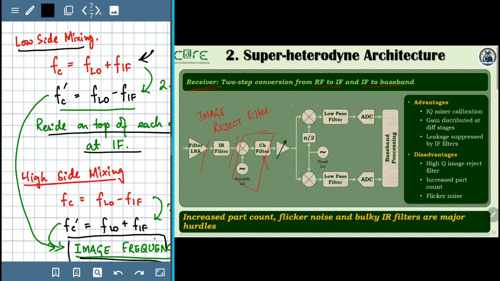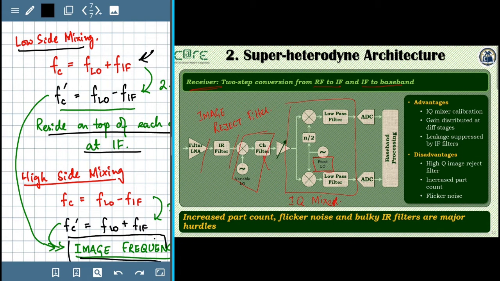This is then followed by the second step of conversion. In the second step, there is simply an IQ mixer used again, but the difference is that this IQ mixer is running at a fixed local oscillator frequency because it's always using the same intermediate frequency. Once the signal is brought down to the baseband, it is fed to the ADCs, and then baseband signal processing is pursued.